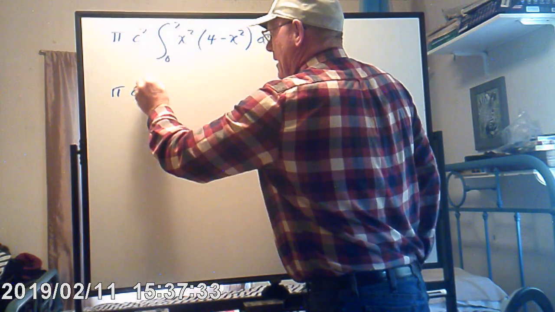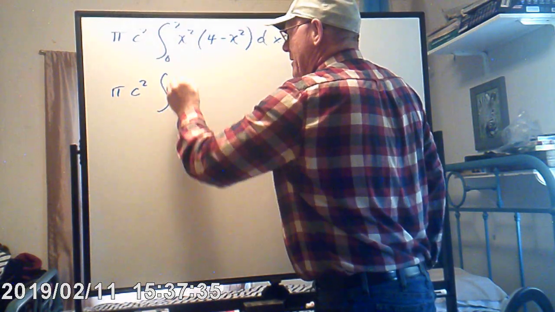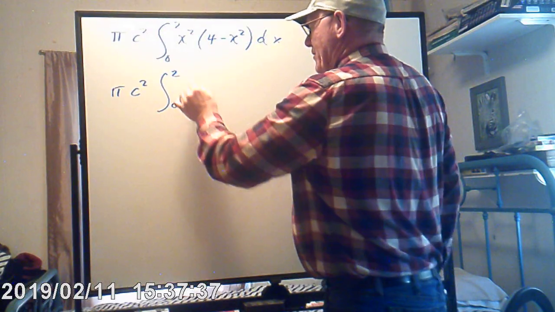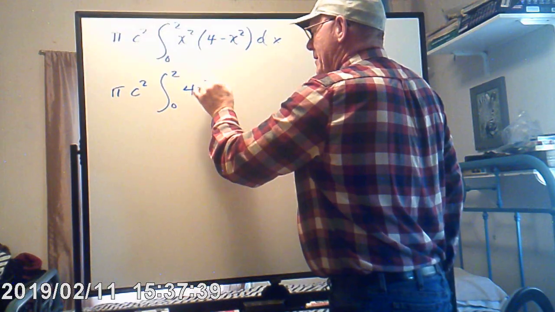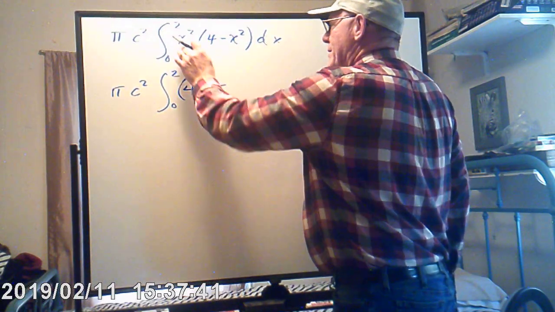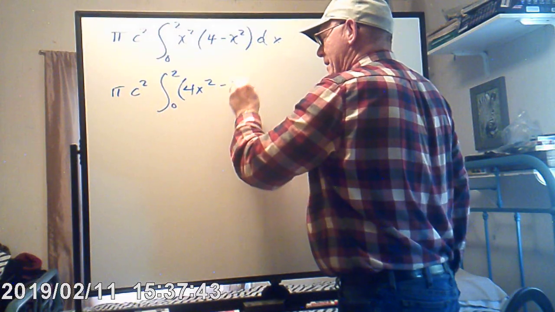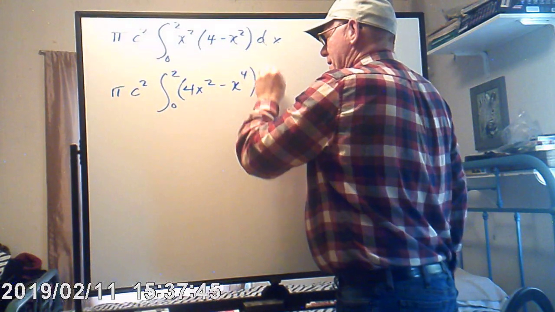Since c is a constant, you have to remember that. So 4x squared minus x squared times x squared, which is x to the fourth, dx.